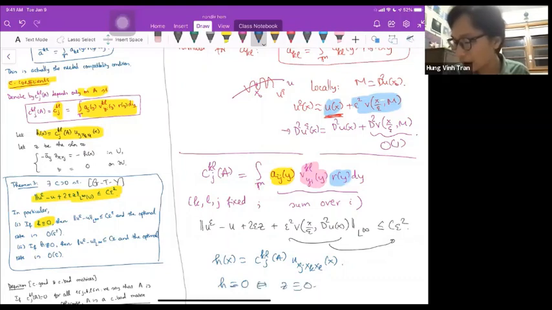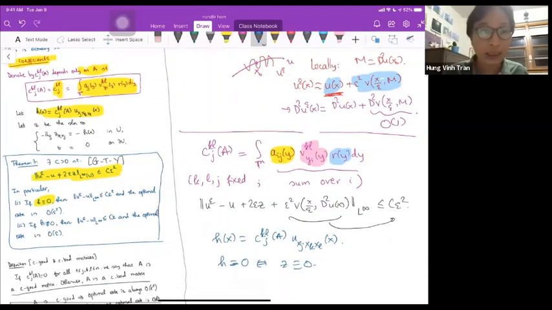If it's zero, then the epsilon order term vanishes, in which case epsilon square is the optimal rate. Otherwise, if it's not zero, then most likely the rate is only epsilon, and it's optimal. Okay.